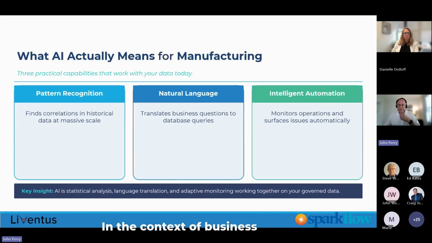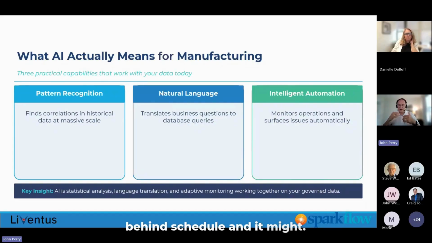In the context of business analytics, it comes down to these three things: pattern recognition, natural language understanding, and intelligent automation. Pattern recognition is where AI looks at that historical data and gathers all those correlations that your human brain might miss. If we asked it for something like production attainment, it might look through that data and say, Work Center 340 is falling behind schedule.